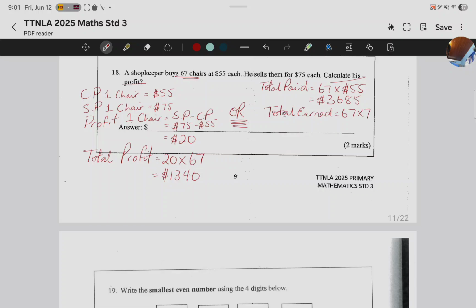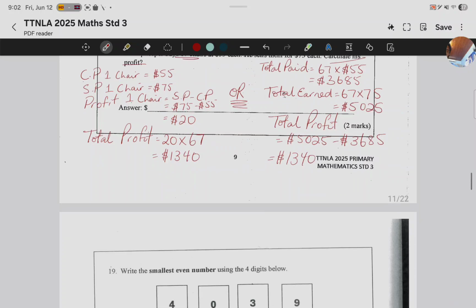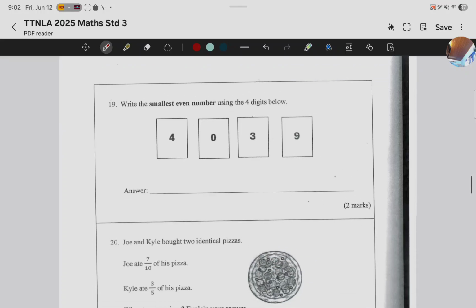He sold each one for $75. So the total amount of money earned was $5,025. To calculate the total profit, we take the total earned, which is $5,025, and subtract the total paid, which is $3,685. And that will leave us with $1,340. Alright, so we have two ways in which you could have done it.